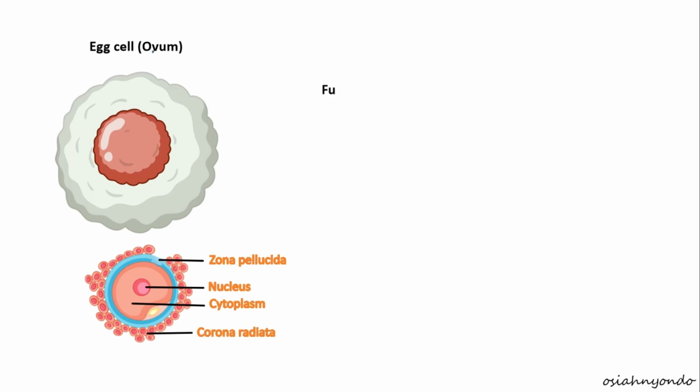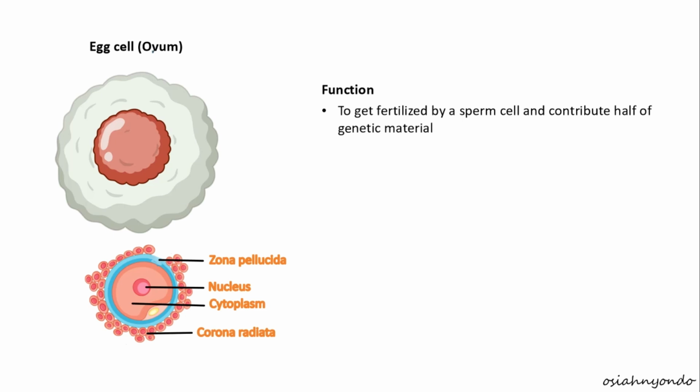Let's look at the function. The function of the egg cell is to get fertilized by a sperm cell and contribute half of its genetic material to form an embryo. Adaptations. The first one.